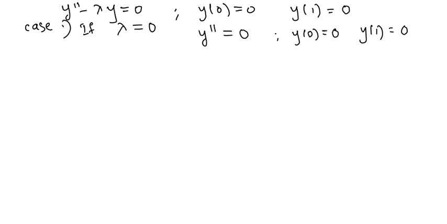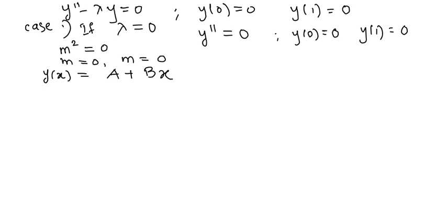Again we take the corresponding auxiliary equation, which is m square equal to 0. So m is equal to 0 or m is equal to 0, so these are repeated roots. In this case y of x is given by the formula a plus b into x.